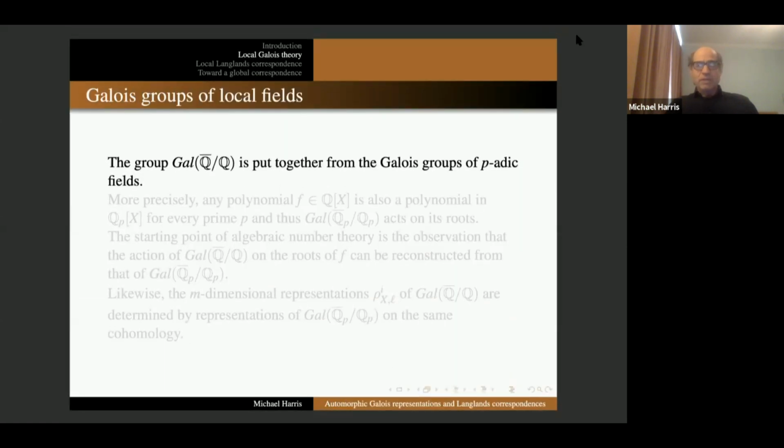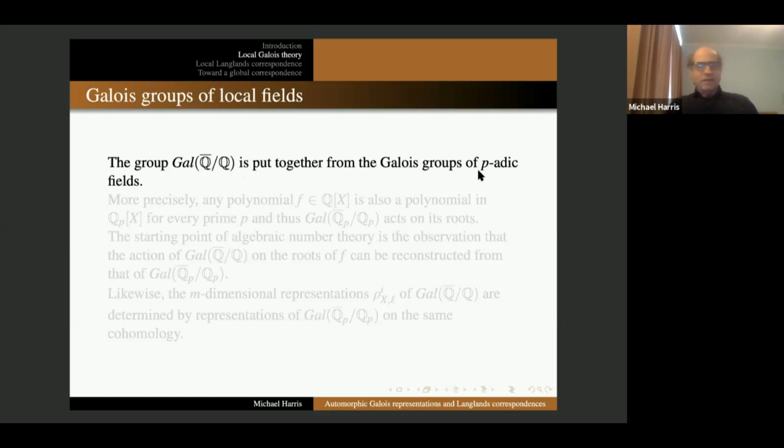Now, how would we go about attaching one thing to another at all? Well, the Galois group of Q bar over Q, the absolute Galois group of Q, is put together in a certain sense from the Galois groups of local fields, that is to say, p-adic fields.